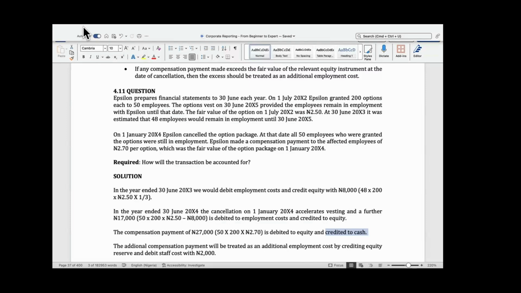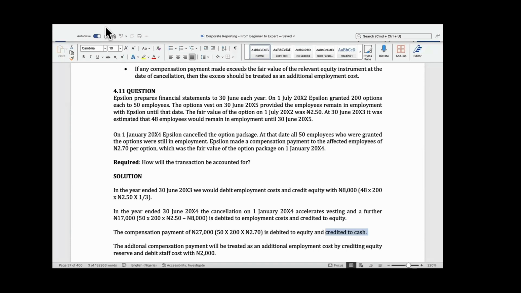For instance, they say out of these 250 employees with 200 options, okay, the options due to 20 employees have been cancelled, maybe because the employees elected to take up that cancellation. Then 30, we get to the terminal date of the vesting period. So I'm just thinking how they can twist this question. So if they twist it like that, you are saying that the principle can still guide us, right?